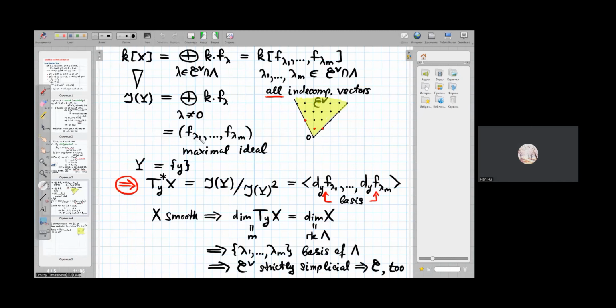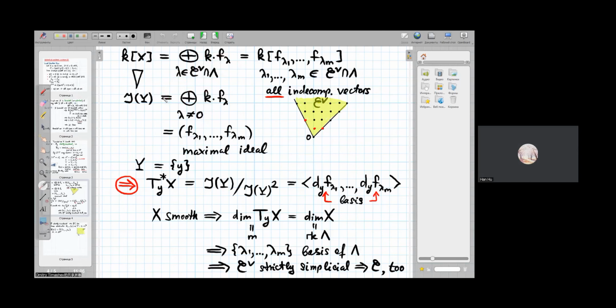Well, it is obviously the largest, the maximal ideal, because in this sum we have all these summands except a single one, except the one corresponding to 0. That is, except scalars. Yeah. So if lambda is 0, then this is just scalars. Why the first equality? Well, the vanishing ideal of Y is equal to the sum of non-zero. This one.